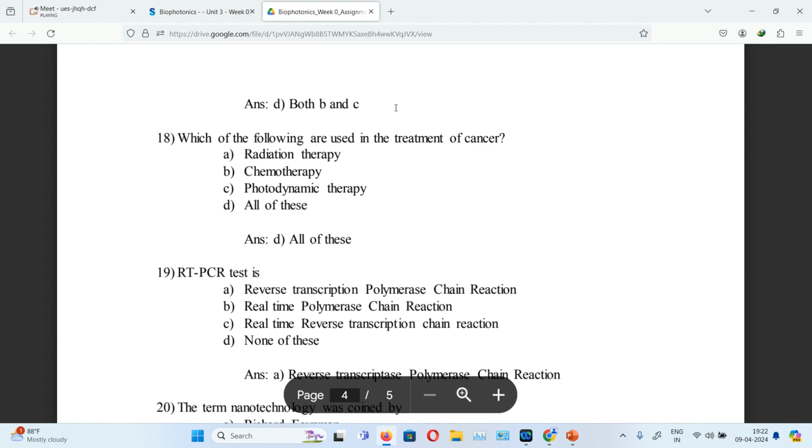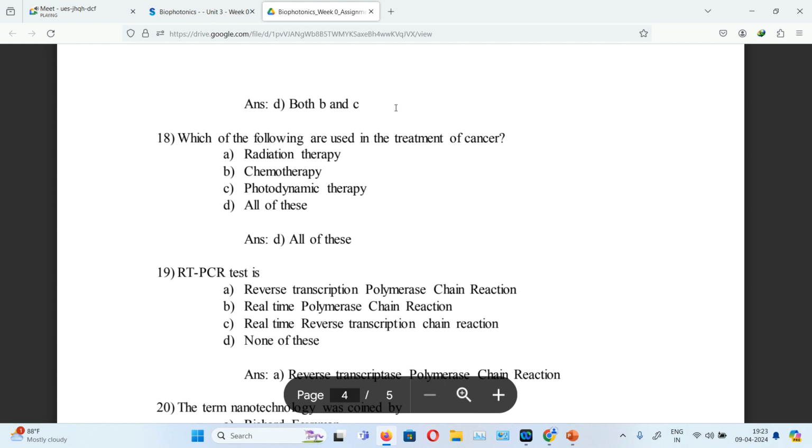Which of the following are used in the treatment of cancer? Radiation therapy is used in cancer. Radiation therapy is the method in which we destroy the cancerous cells using high energy radiation, like cobalt 60, which is a strong emitter of gamma rays, and using these gamma rays we can destroy the cancerous cells.